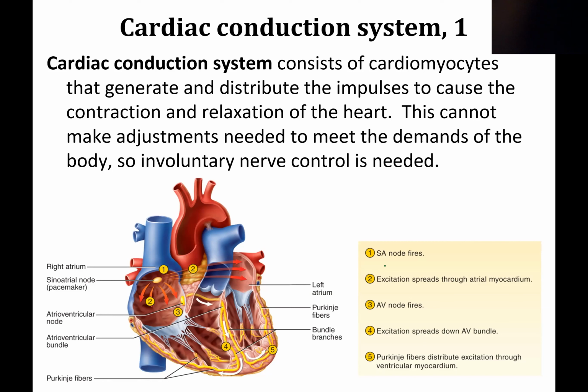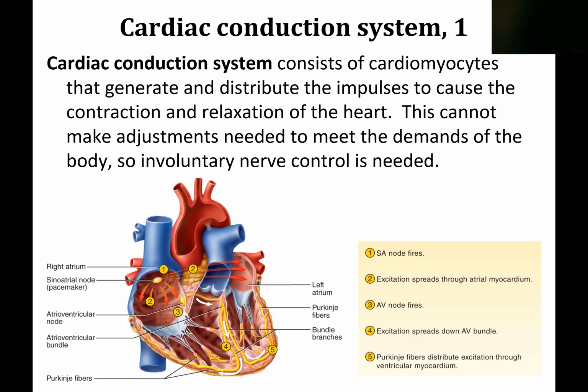Physically, when you cut into the heart, you can't see the difference. You have to have a way of watching the electrical activity to see that. Now, the cardiac conduction cannot make adjustments if you need to change the heart rate because of what's going on in the body.